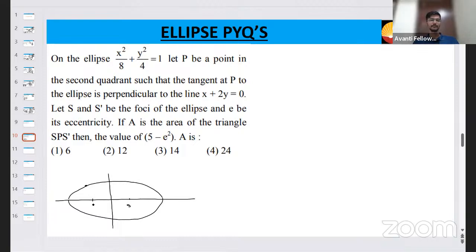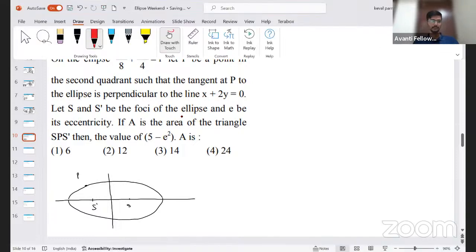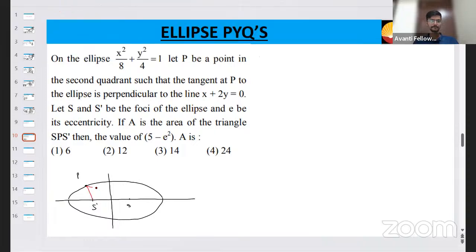So S dash P, and we have to find the area of this triangle, half into base, which is S S dash, into height.